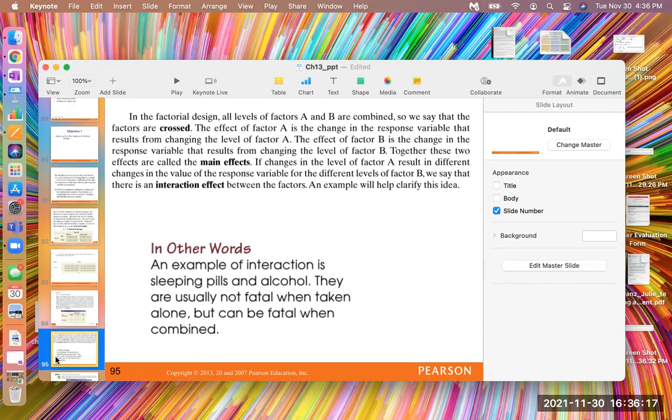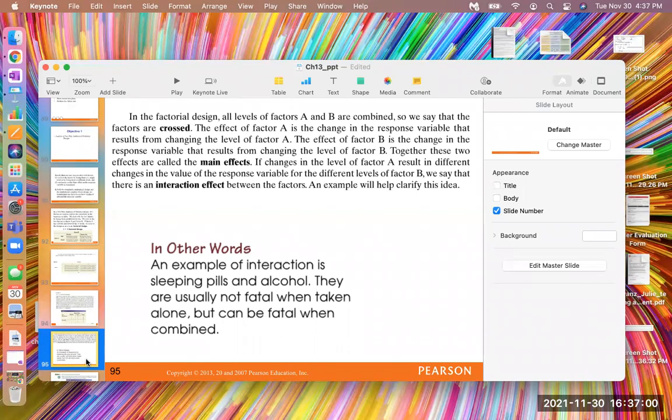If there's no interaction, if B is just not affecting A at all, then at every level of factor B, the response variable would react the same way as we go from low to high in factor A. However, if B is really affecting A, then higher levels of B will be different than lower levels of B. The effects of A will be different for different levels of B.